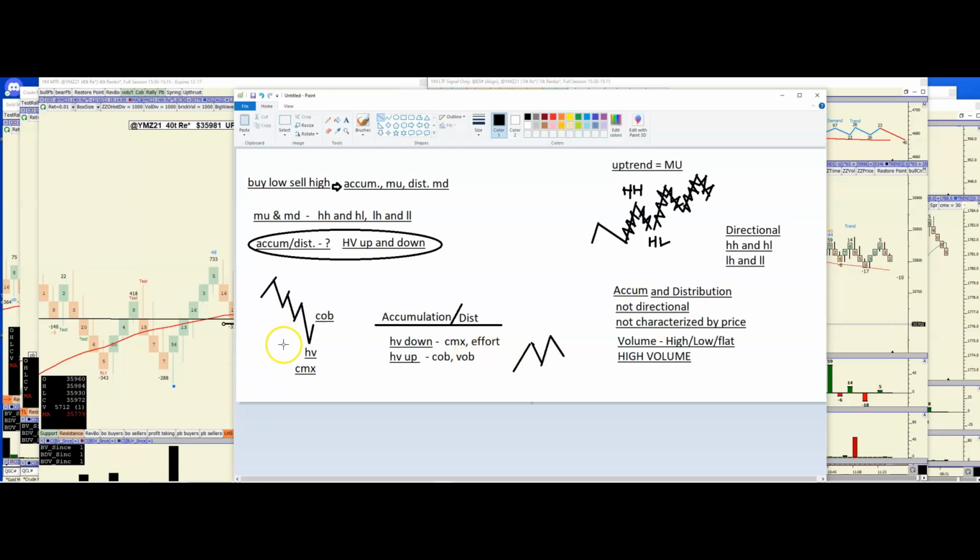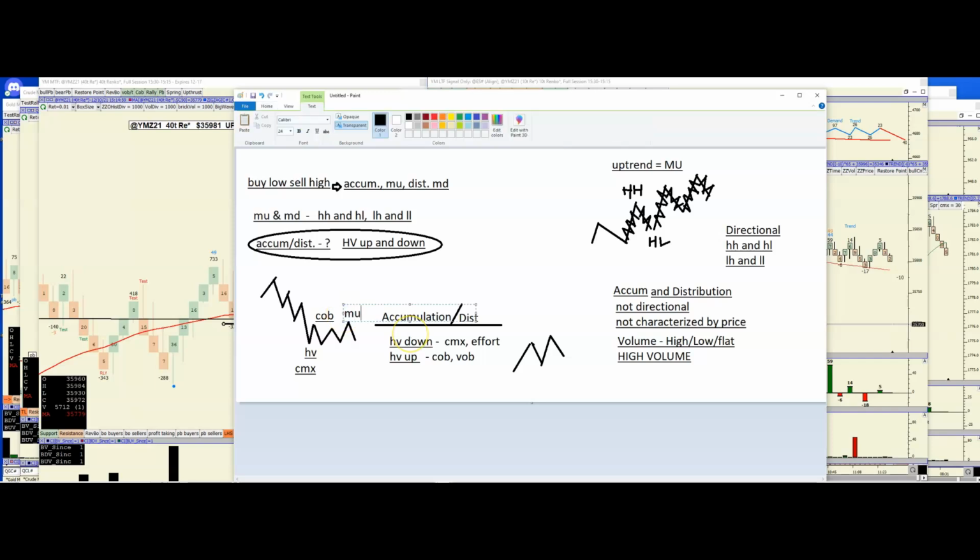I'll try to cover that here. We go like that, and like that. At this point you are in markup because you have cleared accumulation.